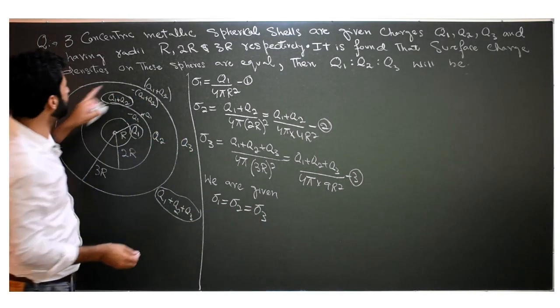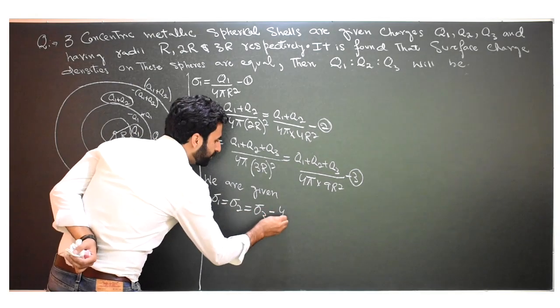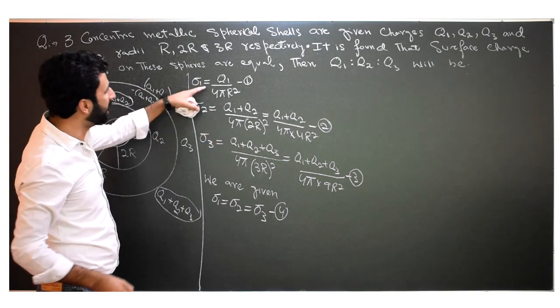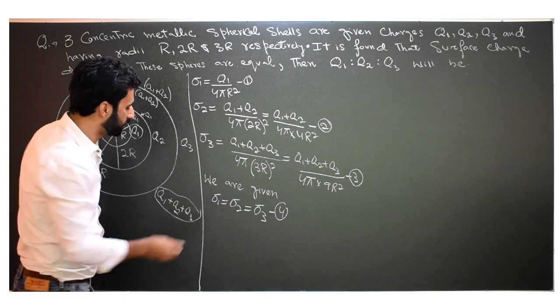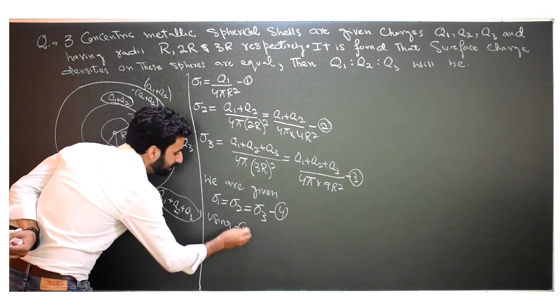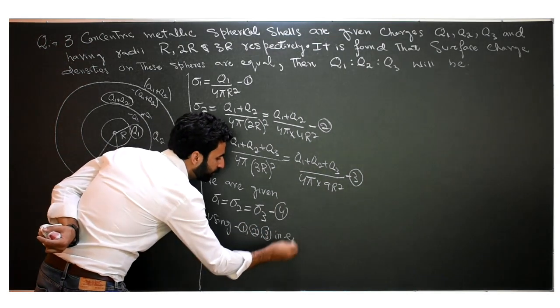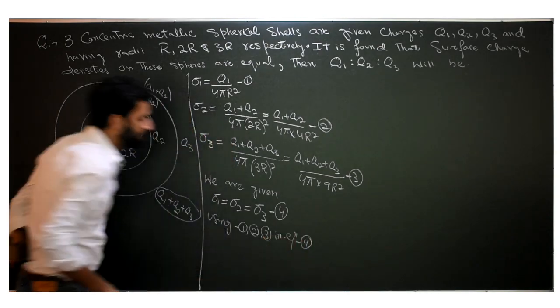This is given because the surface charge densities on the shells are equal. Let's call this equation 4. So using equations 1, 2 and 3 in equation 4, just try to equate them.